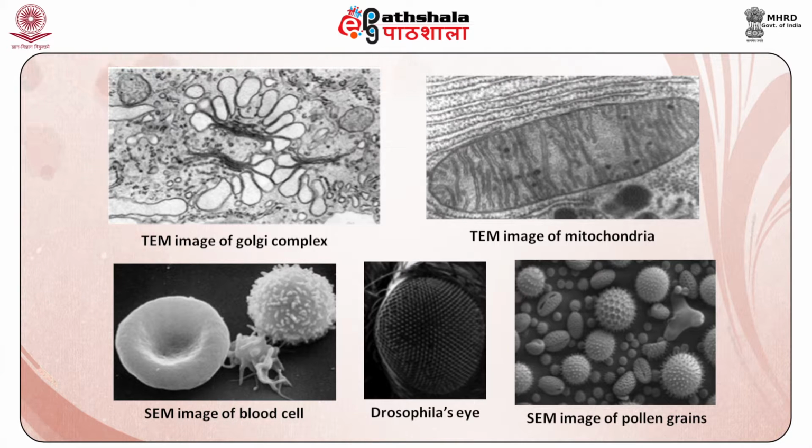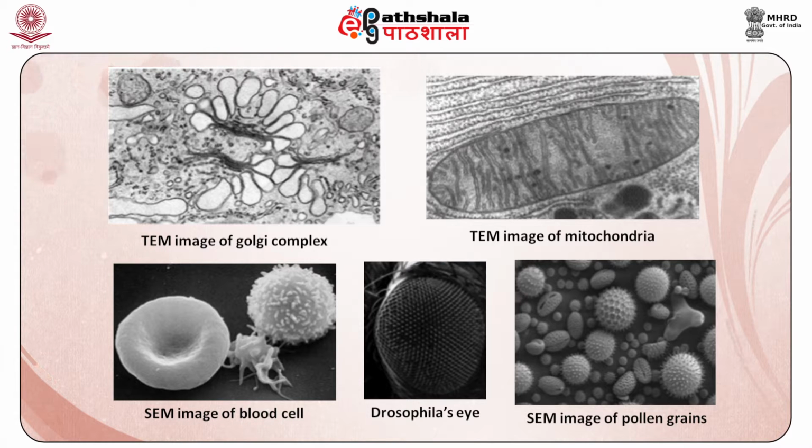The other two pictures, first that of a blood cell, is a typical scanning electron image, and therefore you can easily see how a scanning electron image is different from that of a transmission electron image. Here the RBC is seen as a biconcave structure. You see the overall surface of the cell.